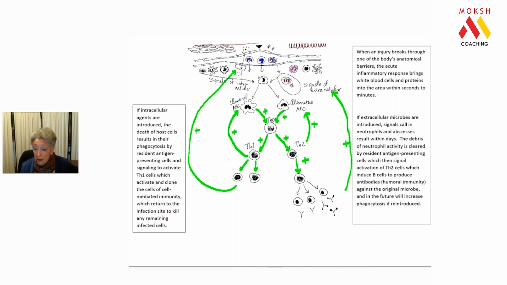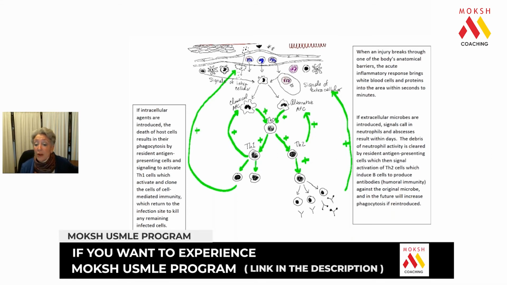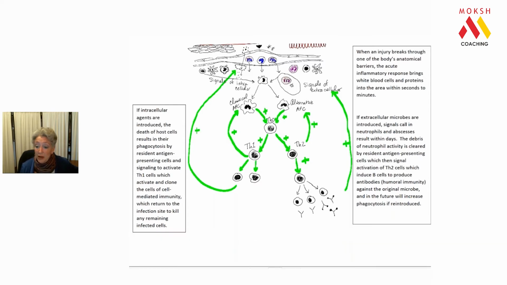And then when that is done with and the battle is won, how they return to their baseline homeostatic state, and the patient is said to have memory of those events, okay?